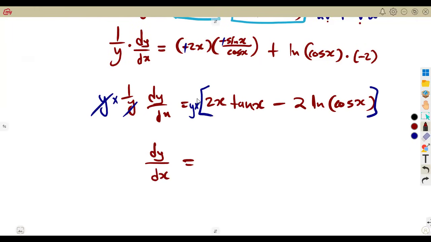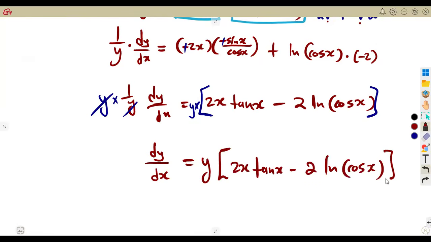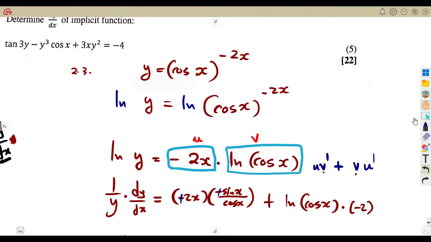It is equal to what? We multiplied by y there. So it's y into the 2x tan of x minus 2 ln cos of x, as it is on the right-hand side. With respect to x, meaning to say we're supposed to have our answers here in terms of x. So this y is supposed to be removed, substituted with its equivalent. What is the equivalent of y?